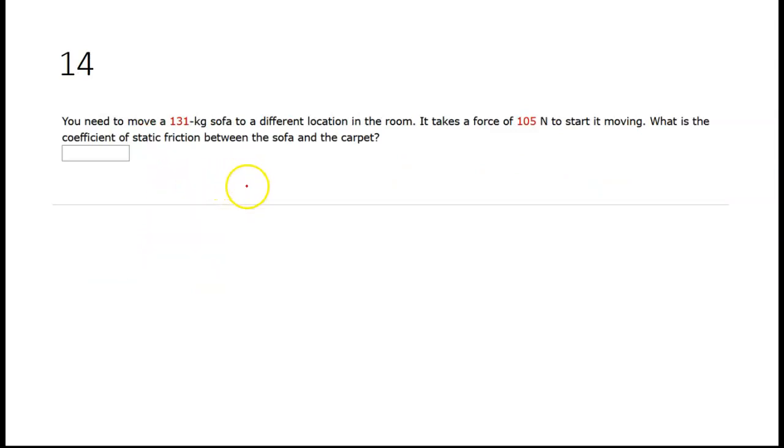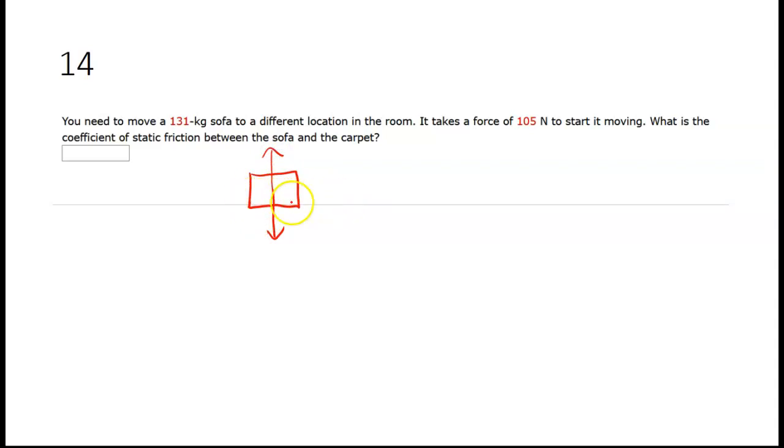When we look at objects that are on level surfaces, there are certain forces that we will just automatically know the direction of. Force of gravity always acts downward. Normal force always acts upward.